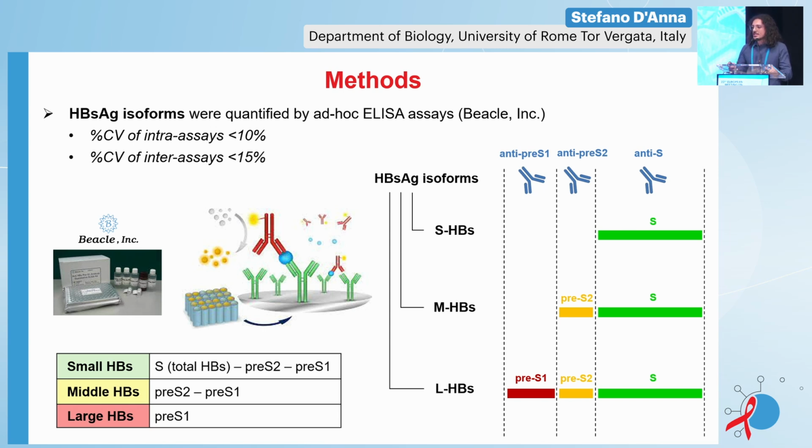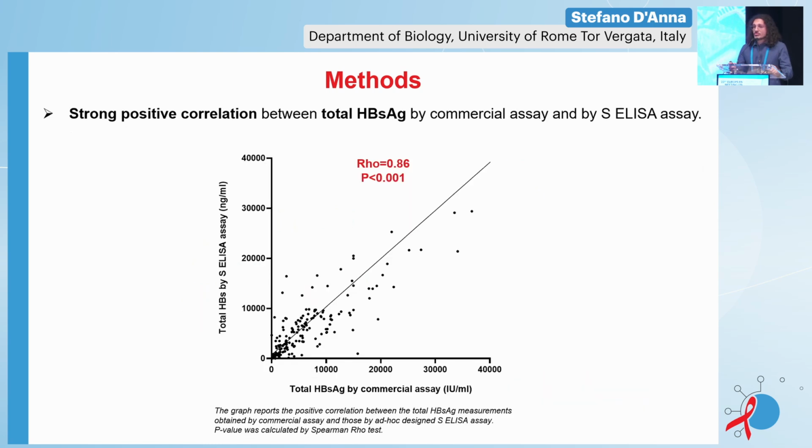These assays showed an intra-assay CV under 10% and an inter-assay CV under 15%. Moreover, we also observed a strong positive correlation between our ELISA assay and the commercial one for the quantification of total HBsAg, with an R value of 0.86.